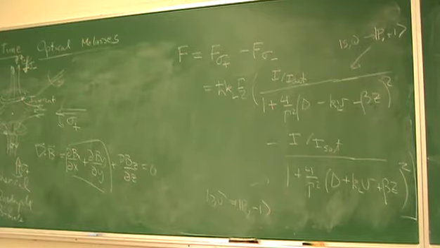For the case that we're talking about, because at the end of the day the atoms that we get are moving very slowly, the spin of the atom, or the internal degree of freedom of the atom, adiabatically follows the magnetic field.